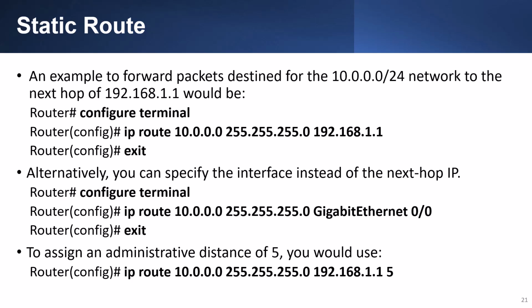Alternatively, you can specify the interface instead of the next hop IP: configure terminal, IP route 10.0.0.0 255.255.255.0 gigabit Ethernet 0/0, and exit. To assign an administrative distance of 5, you would add 5 to the end of the command.